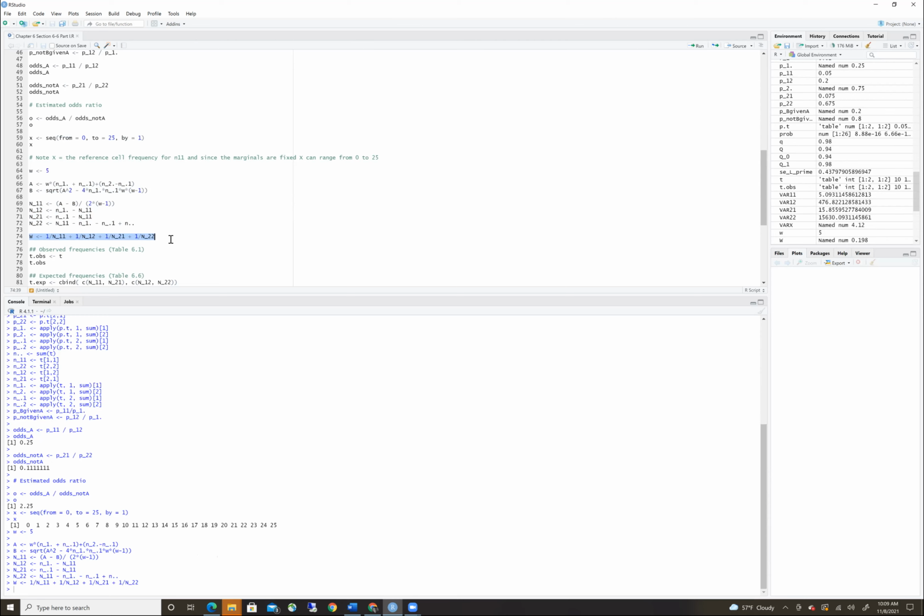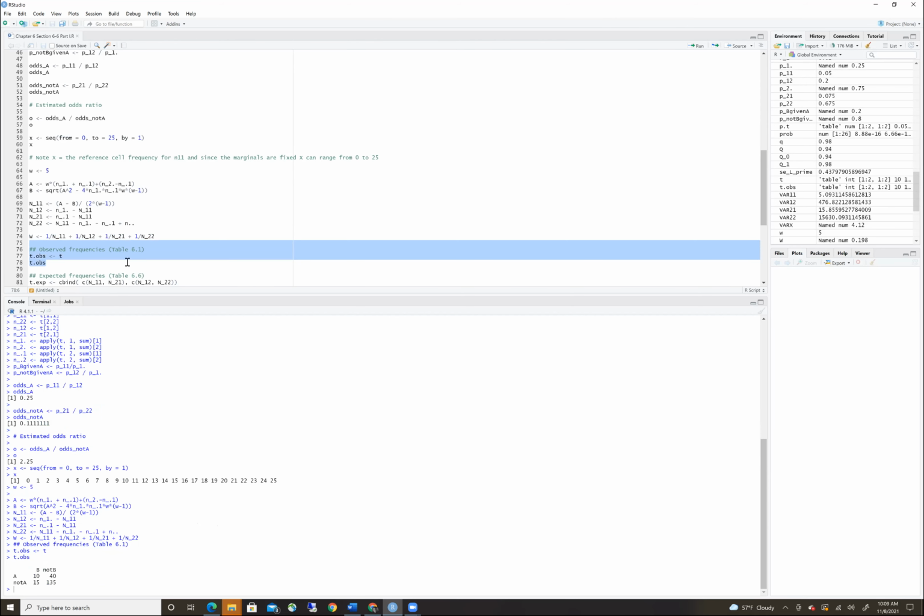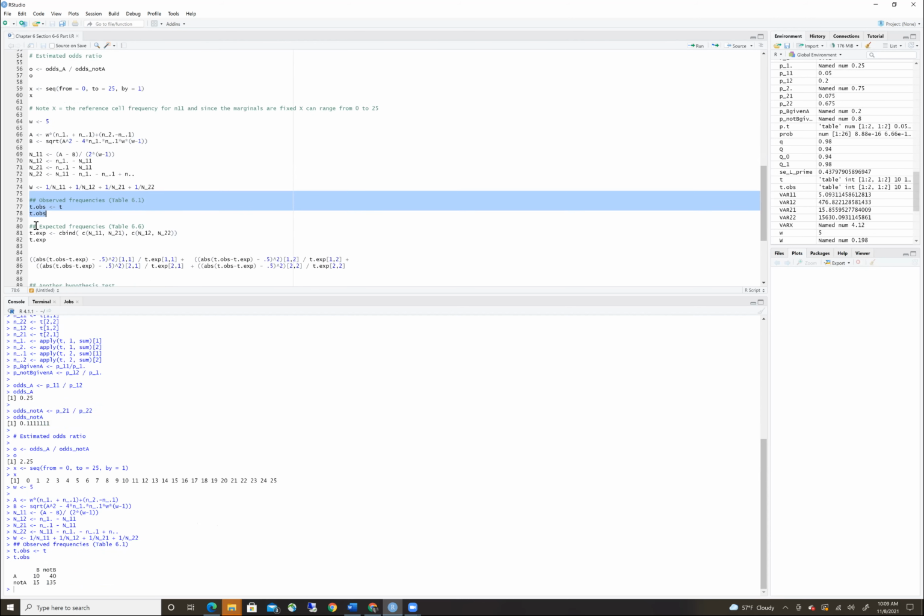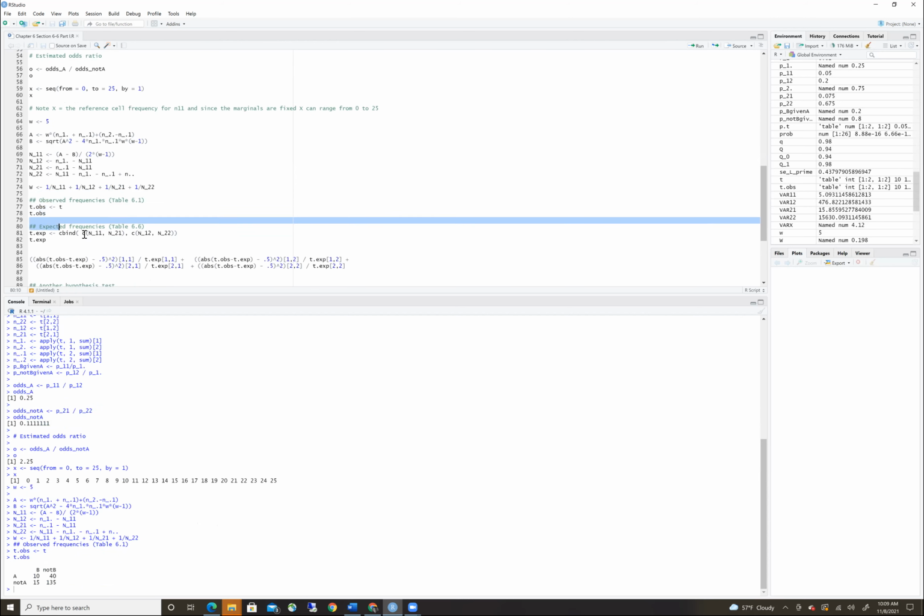Remember, those are from equations 6.50 all the way through 6.56. And we can then look at our observed frequencies table. So T observed, that was just our original table T. Then we can look at our expecteds, which are what we just calculated.